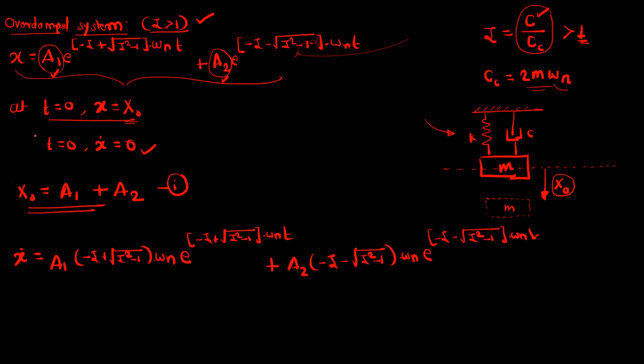Now put this second condition. At t equal to 0, x dot is 0. So put this value, that is the velocity is 0. Put t equal to 0, so e raised to 0 will be 1.